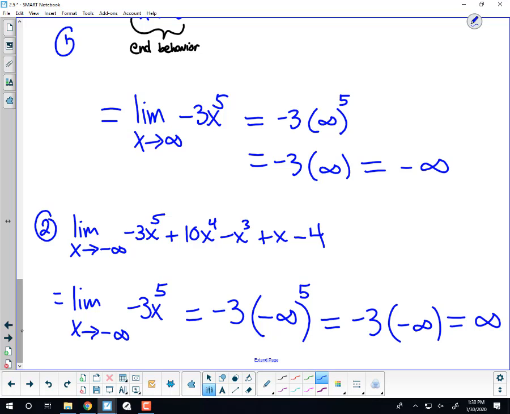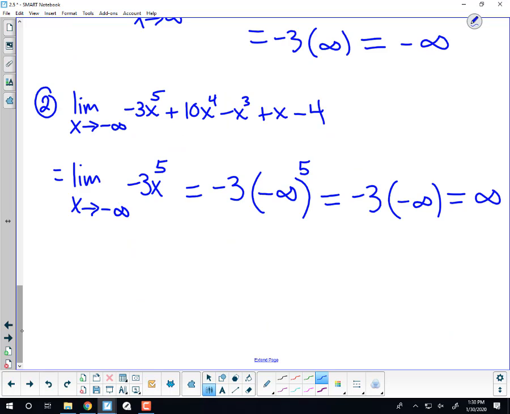So this is how we want to start to get accustomed to looking at the leading term test or end behavior in general, because not all functions have leading term tests. And note, our work actually just verifies what we drew out originally, right? As x approaches negative infinity, the function approaches positive infinity.